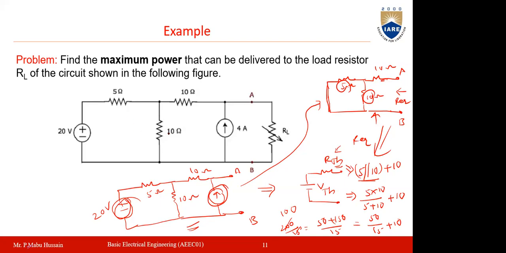So 5 ohm in parallel with the 10 ohm. Once you do it with your calculator, 5 into 10 by 5 plus 10, plus 10, you do this total, you are getting R Thevenin equal to 40 by 3.